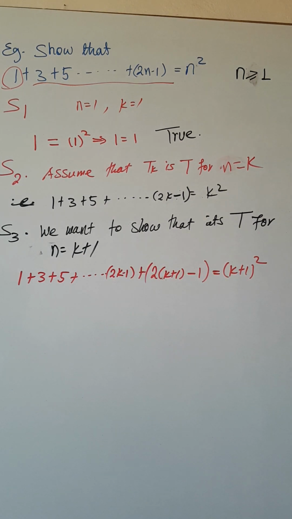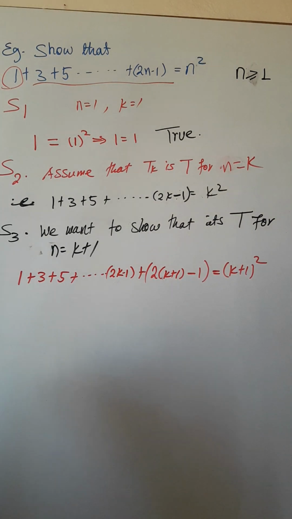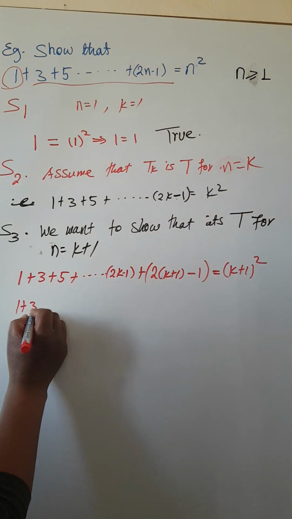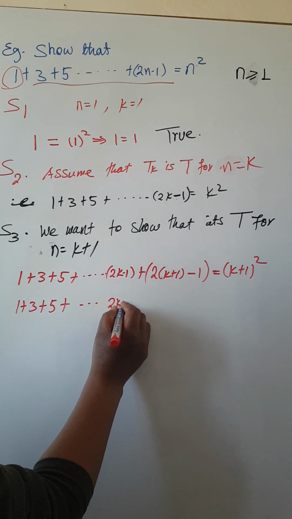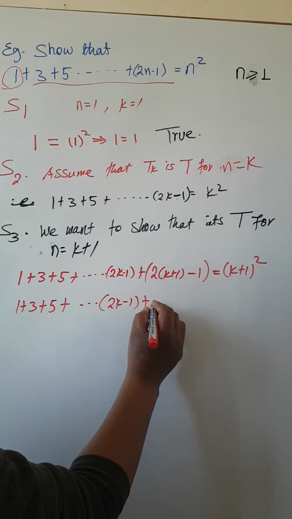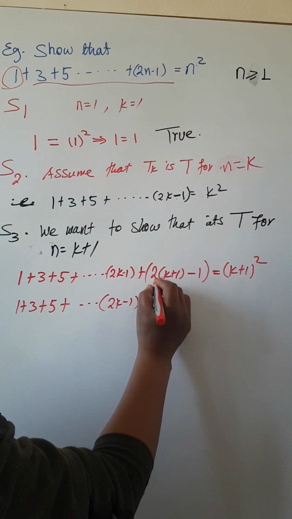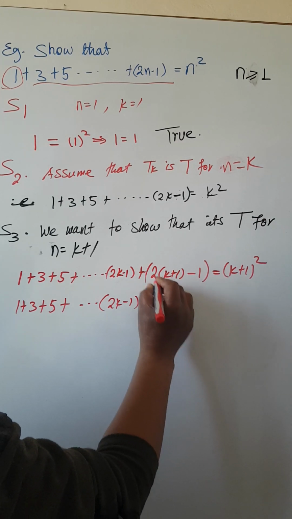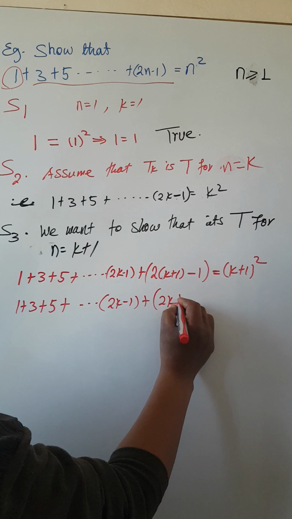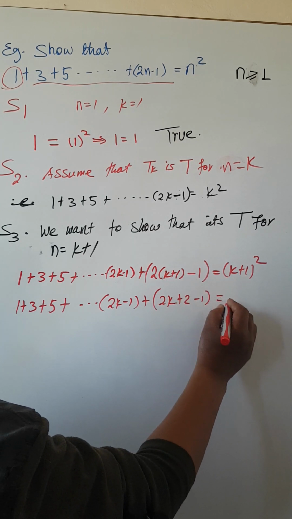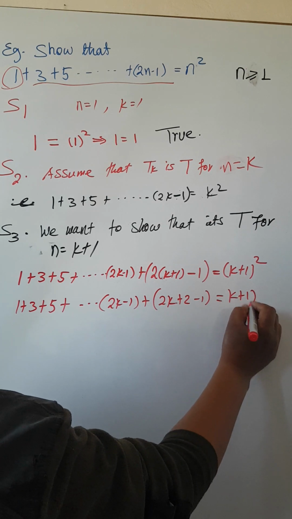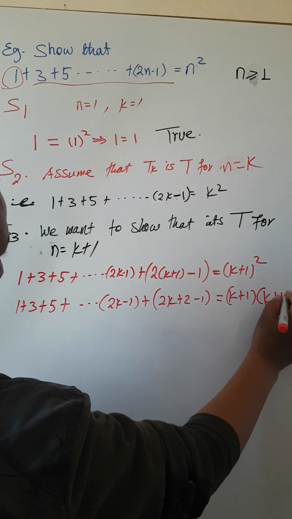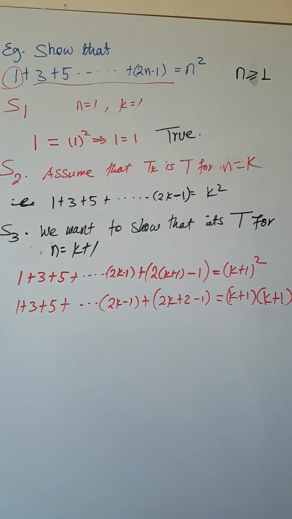Now let's see. This is 1 plus 3 plus 5 plus 2k minus 1, plus 2 times k plus 1, minus 1, which is equal to k plus 1 squared, that is k plus 1 times k plus 1.